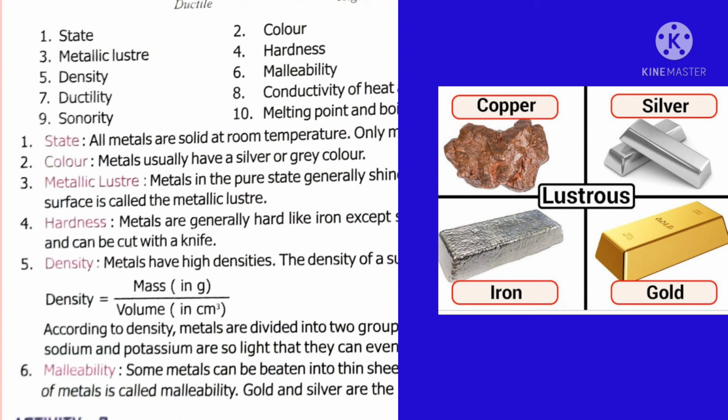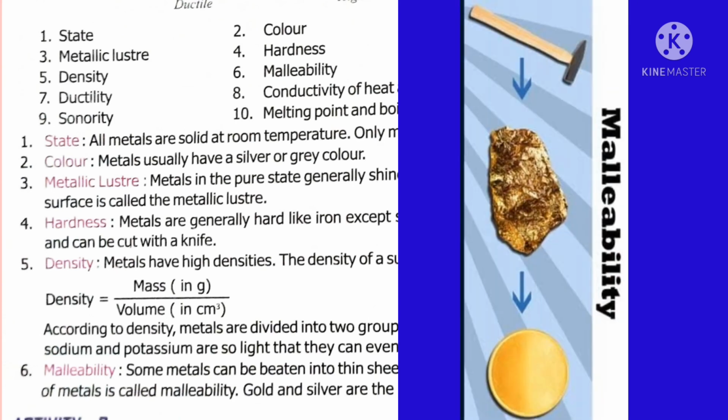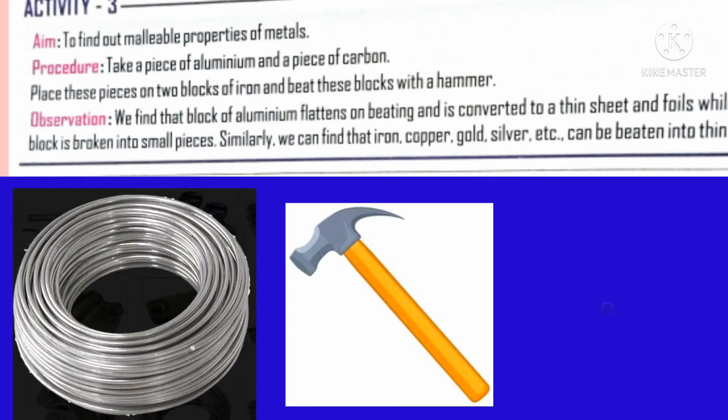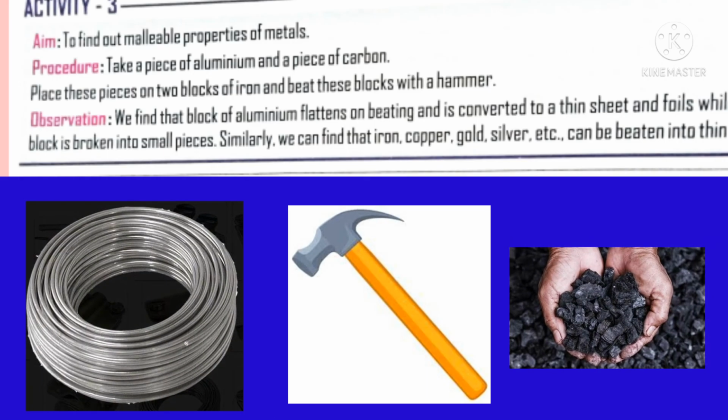How will you measure density? It is the ratio of mass to volume. Its unit is gram per centimeter cube. The next property is malleability. What is malleability? It is the property of metals that they can be beaten into thin sheets with a hammer.